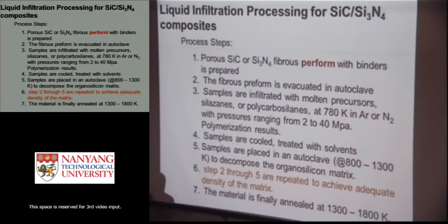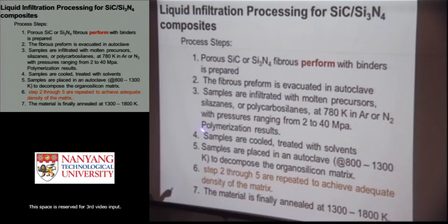Again, go back to how to make the silicon carbide fibers, or how to make the silicon nitride fibers. This one we'll go back to the spinning. For silicon carbide, we actually have three methods to make it. If you don't know, you should go back and look at it. And then we make the preform.